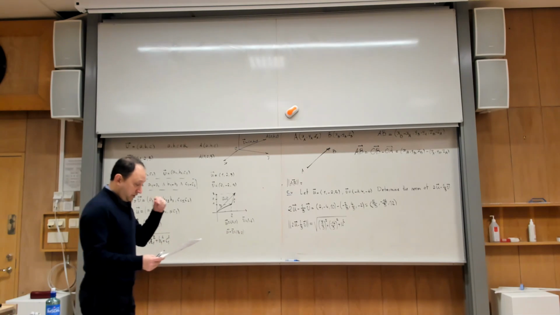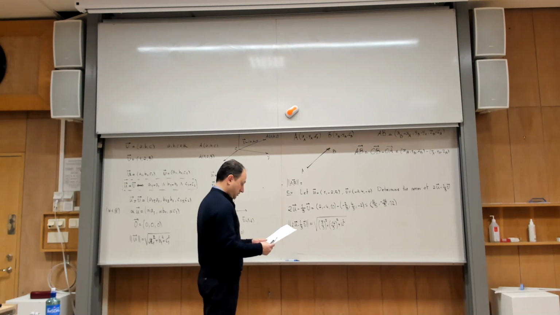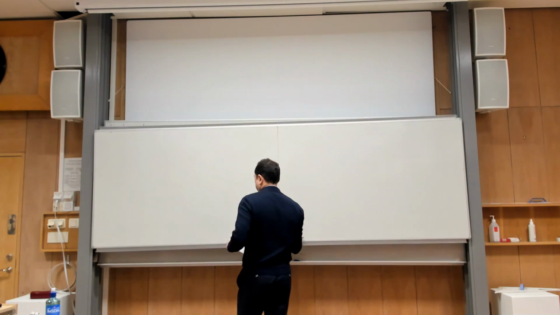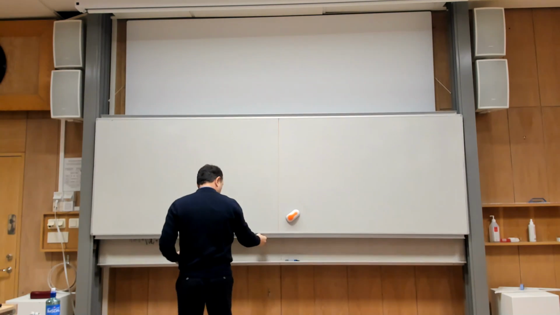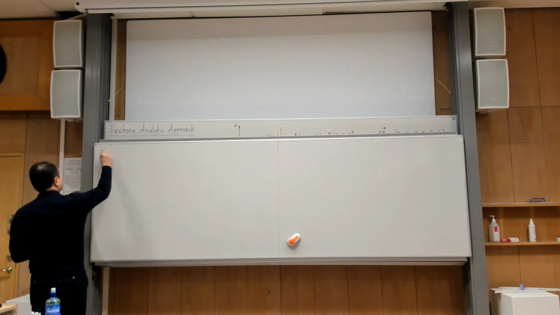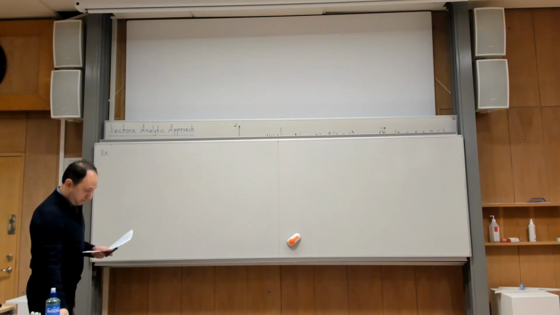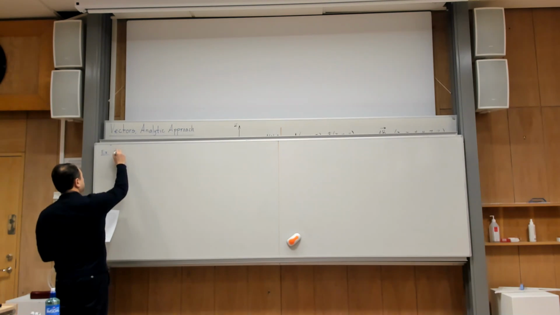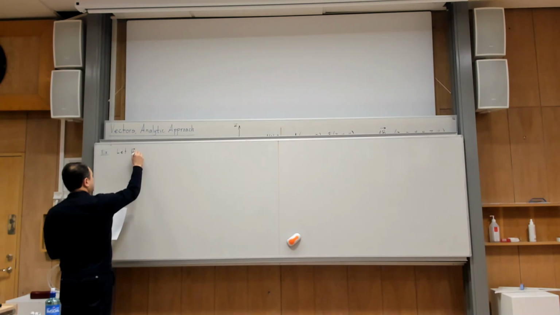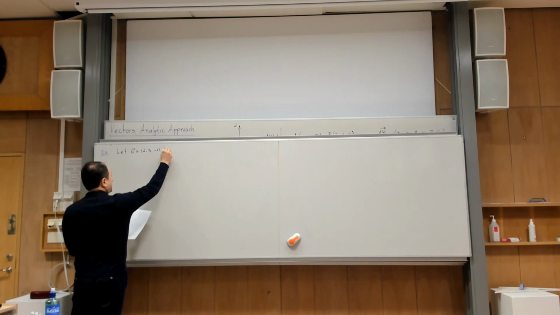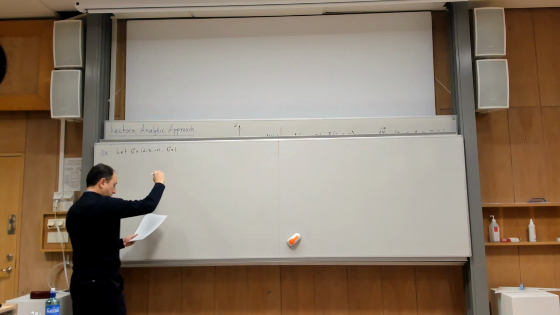Now, I want to ask you another question. So let me write it here. Let u be this vector, 2, 3, and minus 1, and v be this vector, 1, 1, and 0.